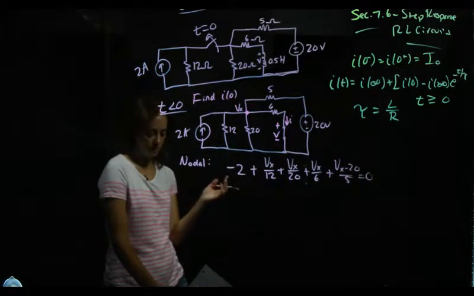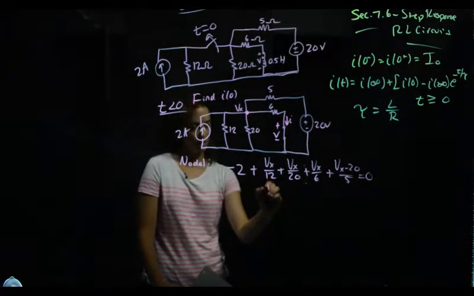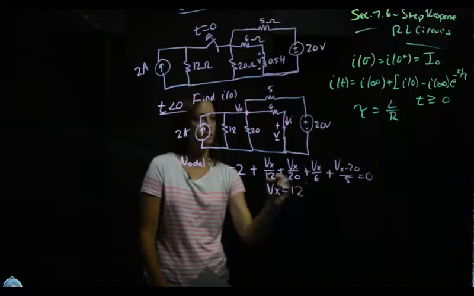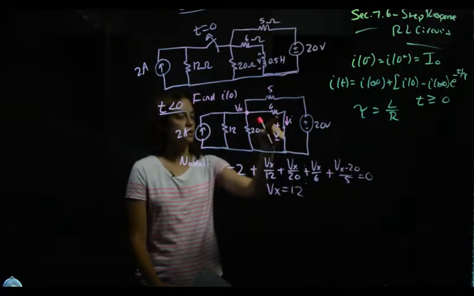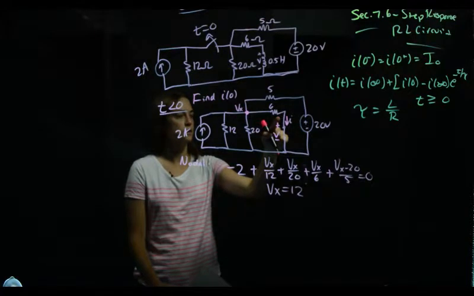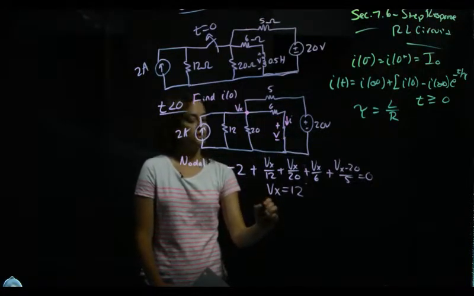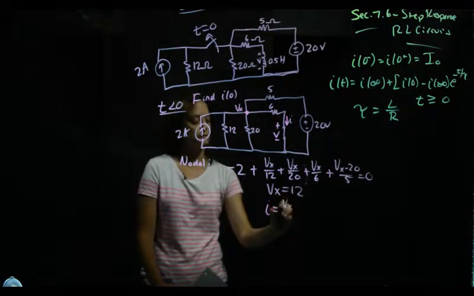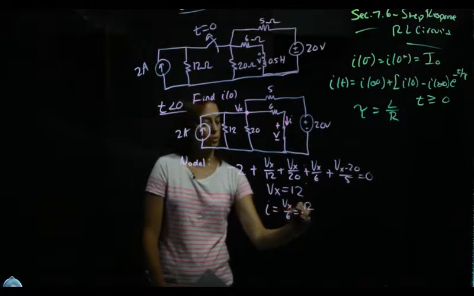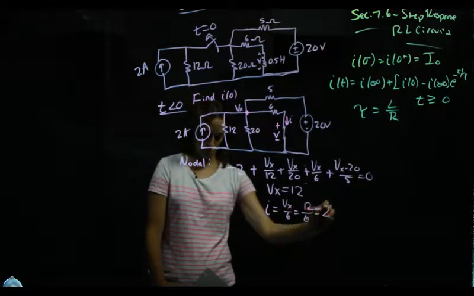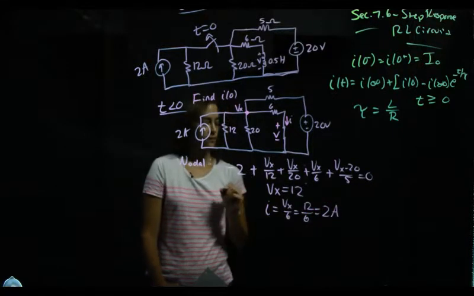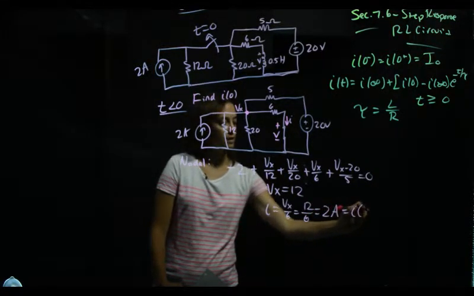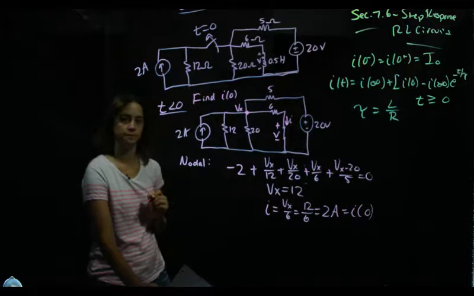If I solve this, I only have one unknown. I get Vx is 12. So my voltage across here is 12. And that means my current is 12 over 6, or 2 amps. So that is my initial current.